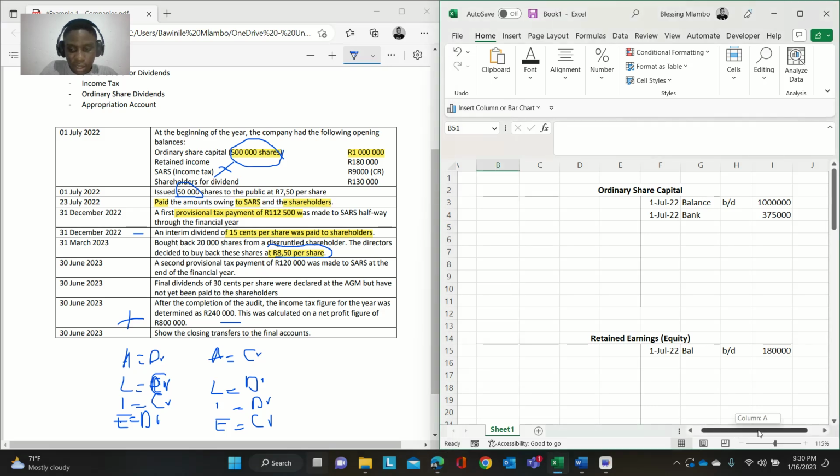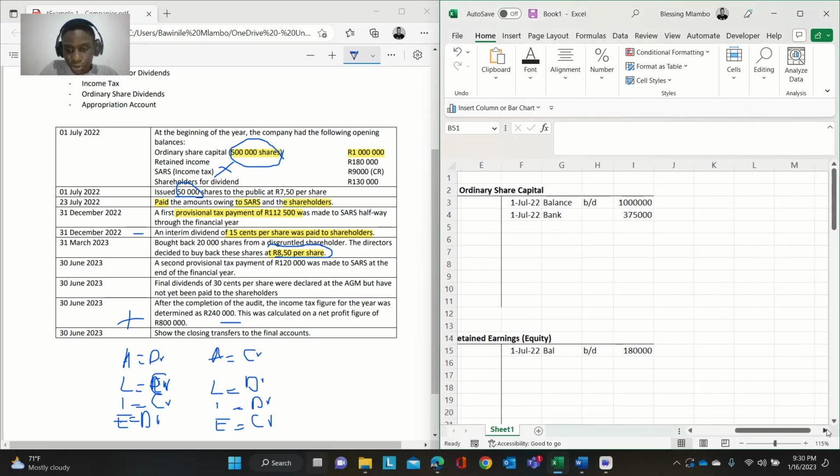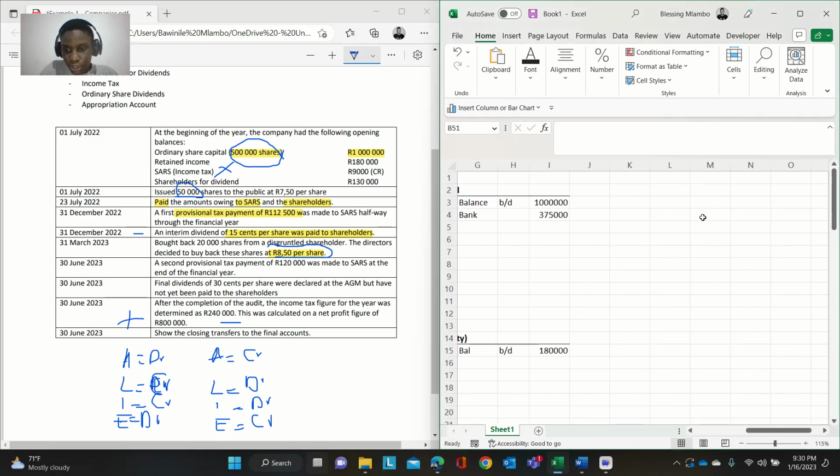How do we get the average share price? What you do is take the total cost or total value of your shares at a certain date. So you take this 1 million, and then you add the 375,000.